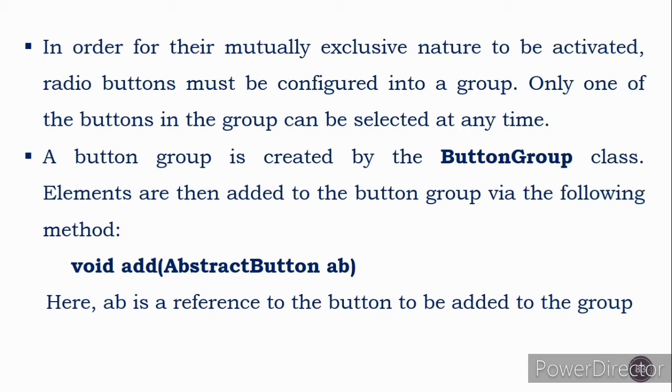Only one of the buttons in the group can be selected at any time. A button group is created by using the ButtonGroup class, and elements are then added to the button group via the following method: void add(AbstractButton AB). Here AB is the reference to the button to be added to the group.